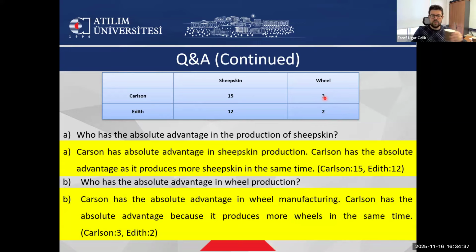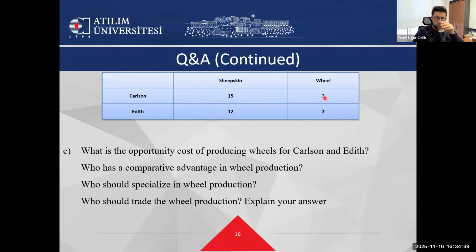Okay, let's move to the C. There's a hint over here. The winner of that one gets all questions. So the same answer. The winner of opportunity cost gets the comparative advantage winner, specialization winner, and trade winner.